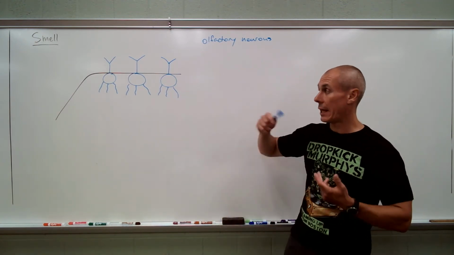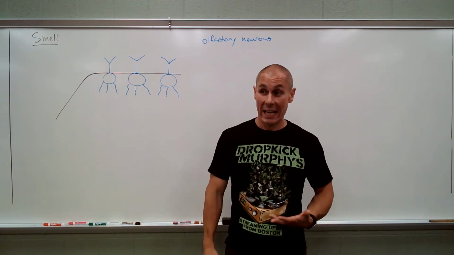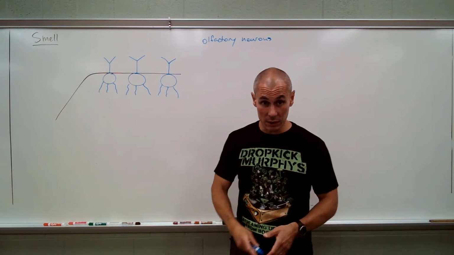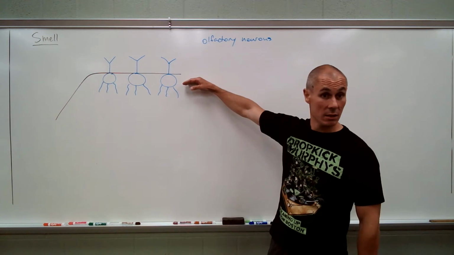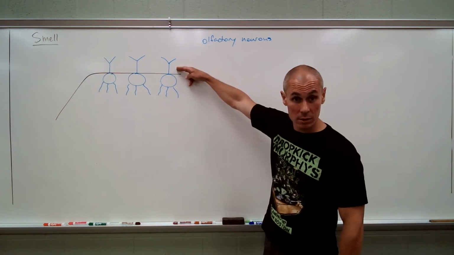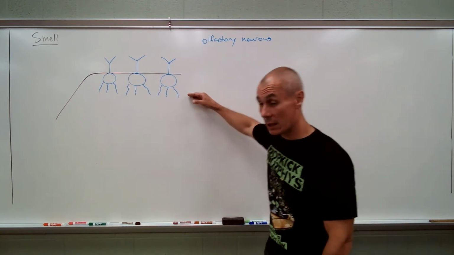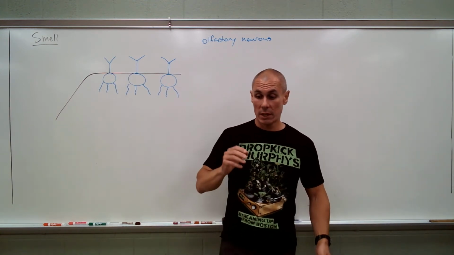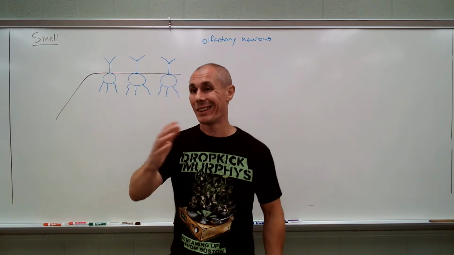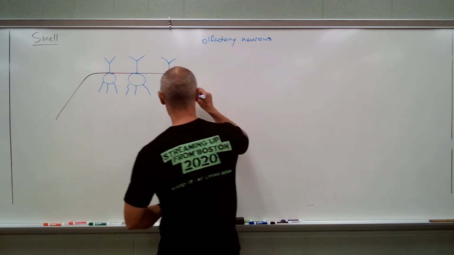When you look at these olfactory neurons, can you see different parts of a neuron? Can you see the body? Can you see the axon? Can you see the dendrites? So these dendrites of olfactory neurons have a specific name. They're called olfactory cilia.